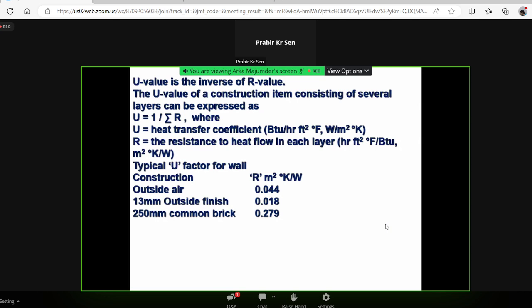For that, we have 250mm common brick wall, for which we have 0.279 R value. Next. Then we have inside plaster, half-inch, again 0.018. Then we have inside air film, which is 0.12. You see, outside air R value is less than inside air. Why is it so?